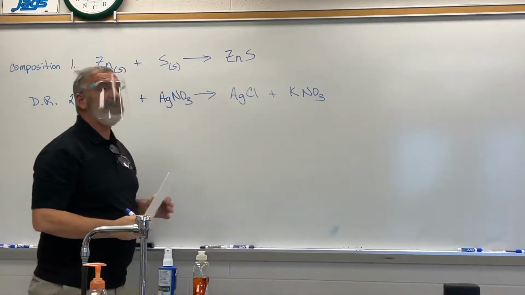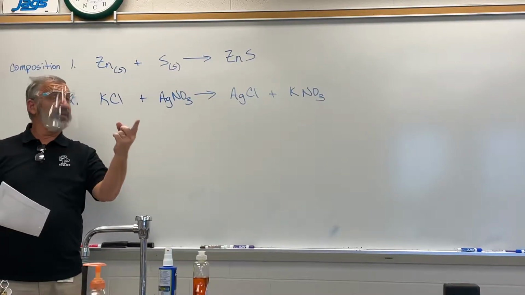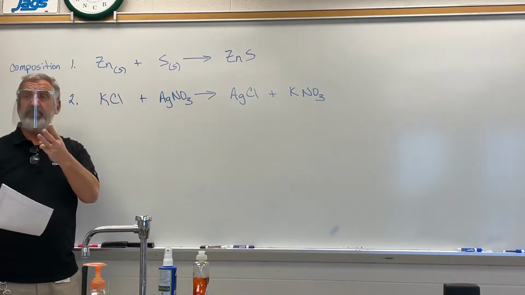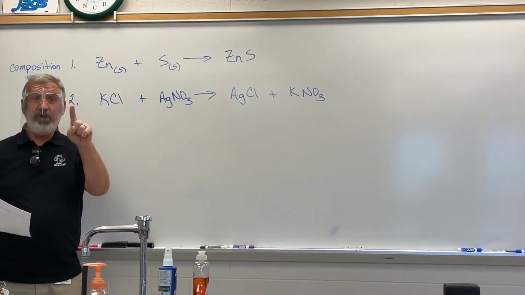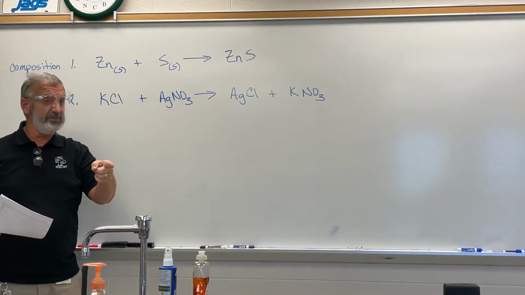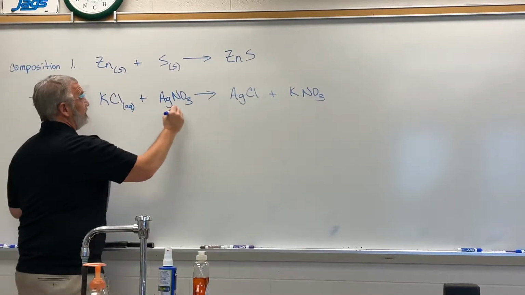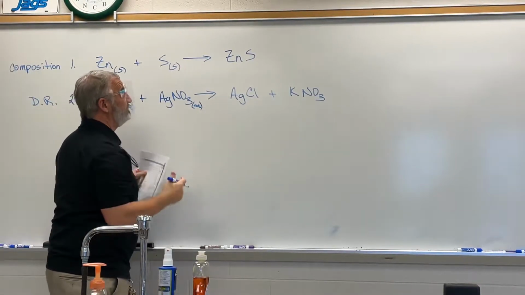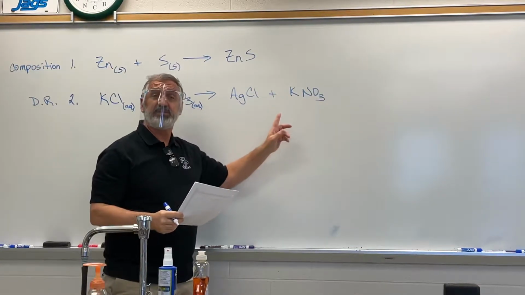Now, in a reaction like this, we're going to have to either form a solid, liquid, or a gas. And remember, we've learned the big 3 solubility rules. All alkali metals are soluble. Anything with nitrate. Nitrates and ammonium. So between these two, which one would be soluble?